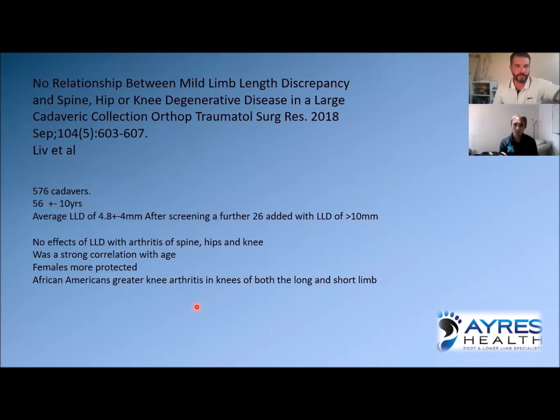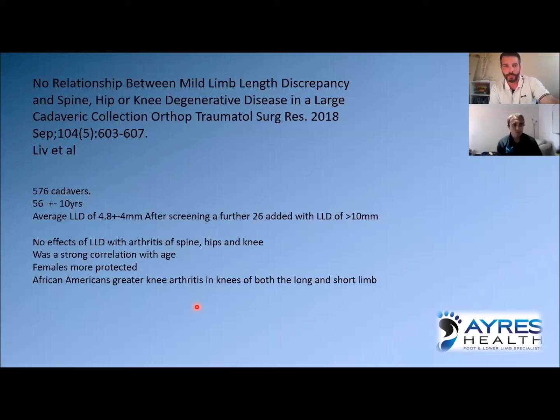So looking at this one here from 2018, there's no relationship between mild limb length discrepancy and spine, hip or knee degenerative disease in a large cadaver collection. Cadavers are studies done on dead people, and in this one they had 576 cadavers, aged 56 plus or minus 10 years, with an average limb length difference of 4.8 millimeters.